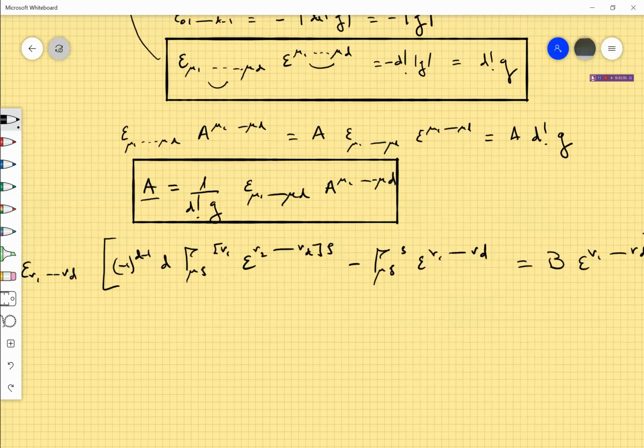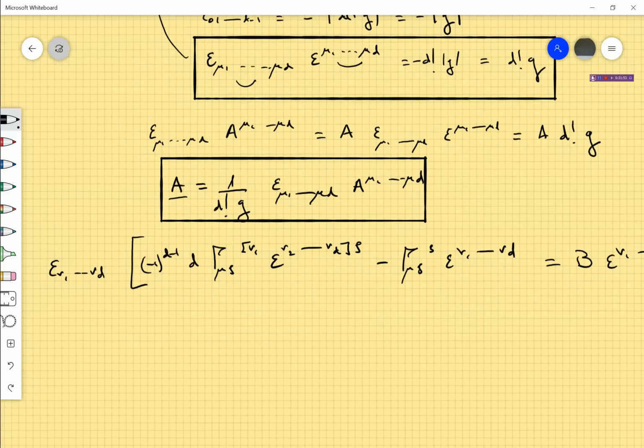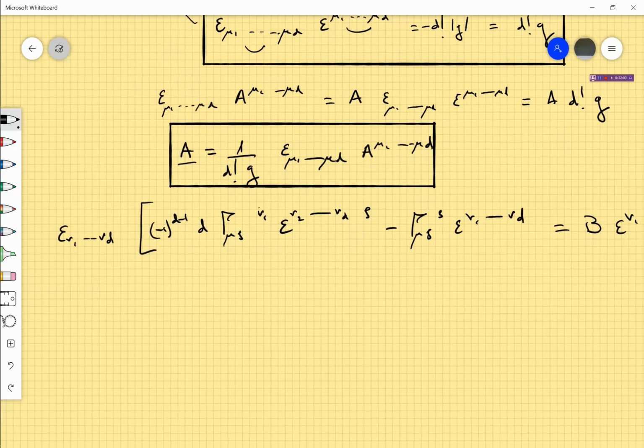Since I am multiplying by epsilon nu 1 nu d, I can remove this antisymmetrization because these two things are contracted, and then I get minus 1 to the d minus 1 times d gamma mu rho nu 1 epsilon nu 1 nu 2 up to nu d epsilon.